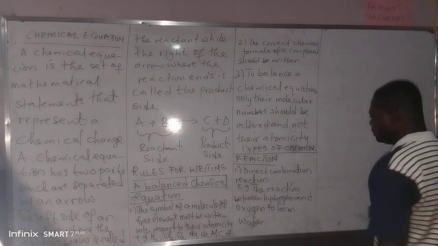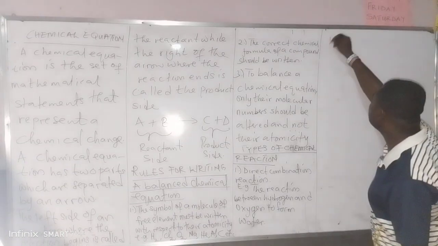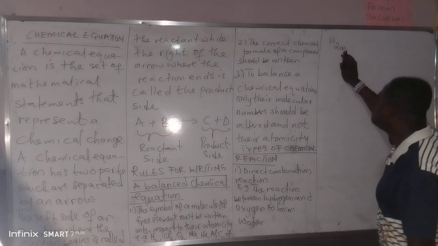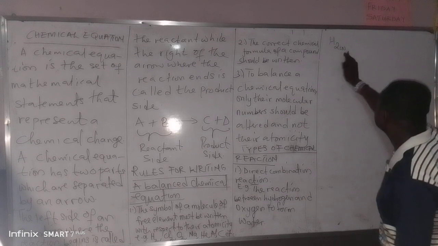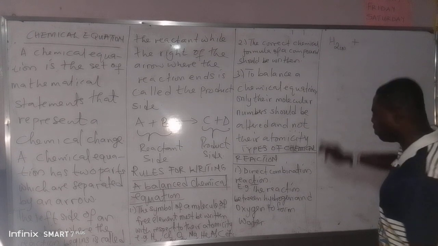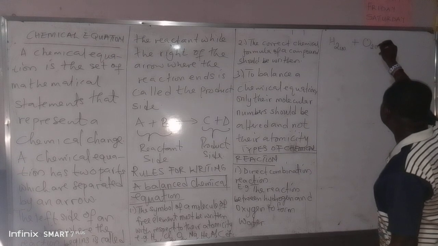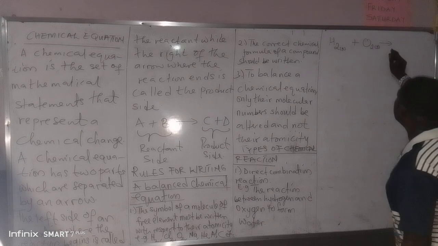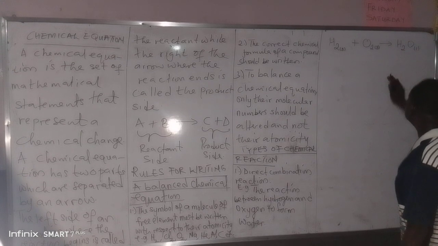How do we represent that equation? Reaction between hydrogen, the symbol of hydrogen is H2. If you like, you can put a small bracket and put G, which means the state of matter hydrogen is, which is gas. It's reacting with oxygen. Any gene element is O2. Then what is it giving us? Now it's giving us water, H2O, which is liquid.